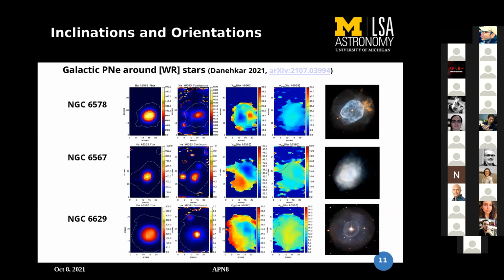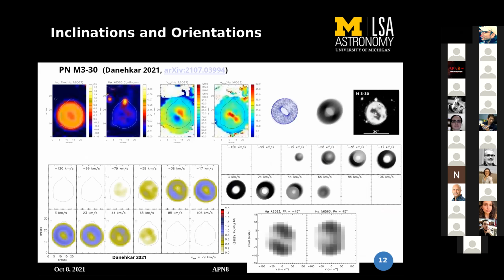And here are other examples of compact objects. On the left, I show the Hubble Space Telescope image, and in the third column you see the radial velocity maps. As you see, there is good agreement between the orientations in the Hubble Space Telescope images and what we see in WiFeS. The other thing is that we can use velocity channel maps and position-velocity diagrams to constrain the inclination angles.